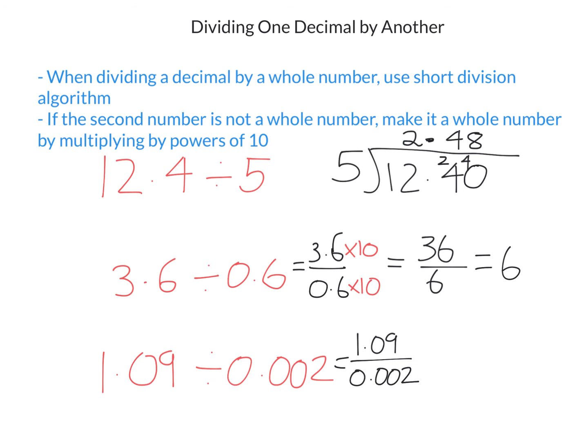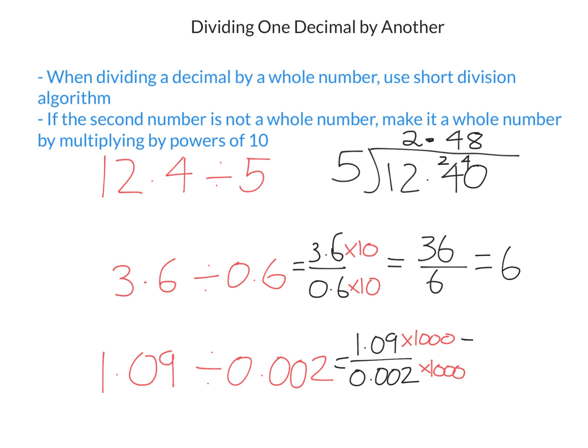So remember from an earlier lesson, moving the decimal point 3 places to the right is the same as timesing by 1 with 3 zeros, because I moved it 3 spots. It's the same as timesing by 1,000. And if I times the bottom by 1,000, I must also times the top by 1,000.